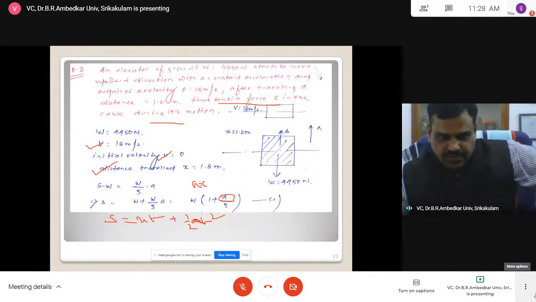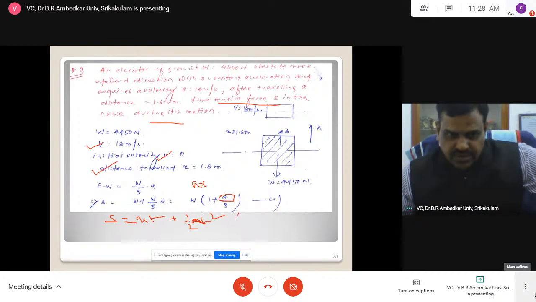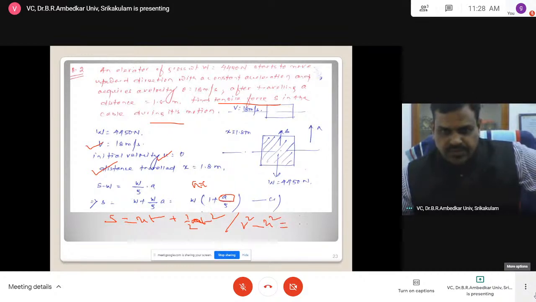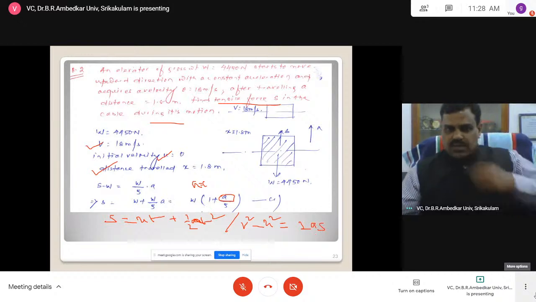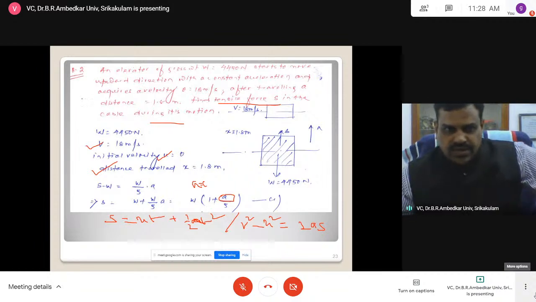So this equation is not valid. Now we have to use v square minus u square is equal to 2as. V is given, u is given, s is given.